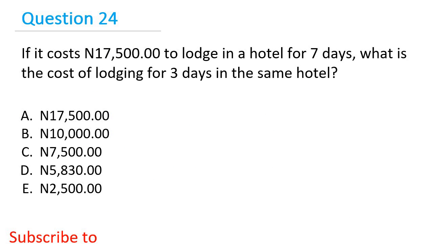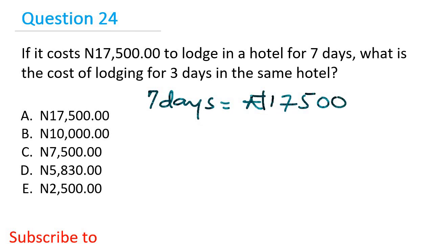Okay, for question 24. So for question 24, if it costs 17,500 to lodge in a hotel for 7 days, to lodge for 7 days, you have to pay 17,500. What is the cost?